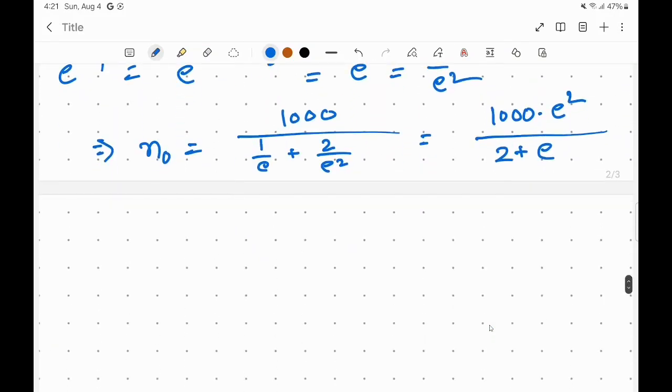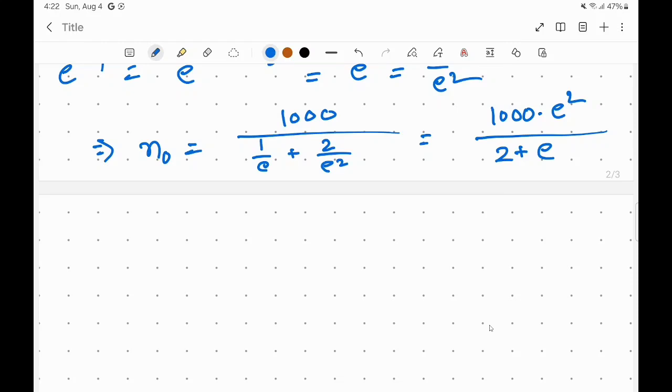Okay. So now just we have to put the value. What will be the value? So it will be 1000 into E square divided by 2 plus E to the power 1.